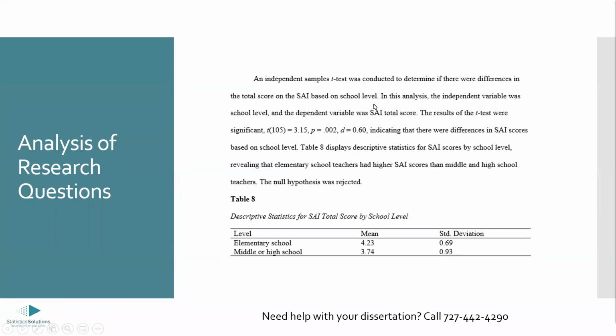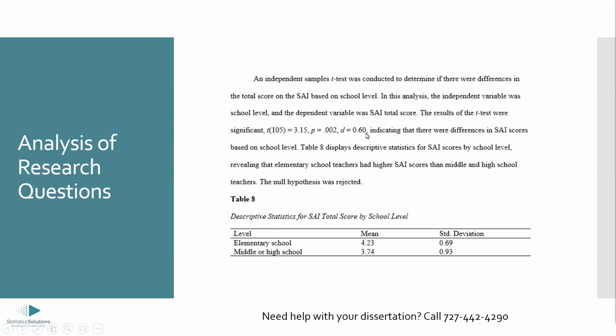Now here's another example of a t-test. In this case, we're showing a result that did turn out to be significant. Again, we start off the same way, saying what test we're conducting. We identify our independent and dependent variables. We present the statistics for our t-test. In this case, it is significant because our p-value is less than 0.05.